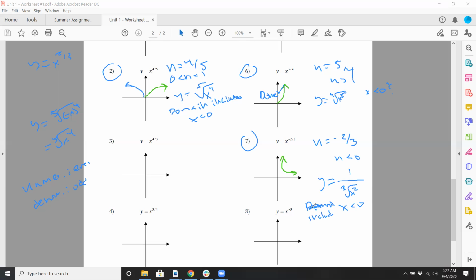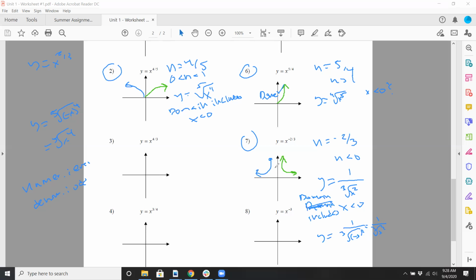Domain includes that. Then, what if I plug in negative x? That's 1 over the cube root of x squared, so it stays the same. So it means that the other side just looks like this.